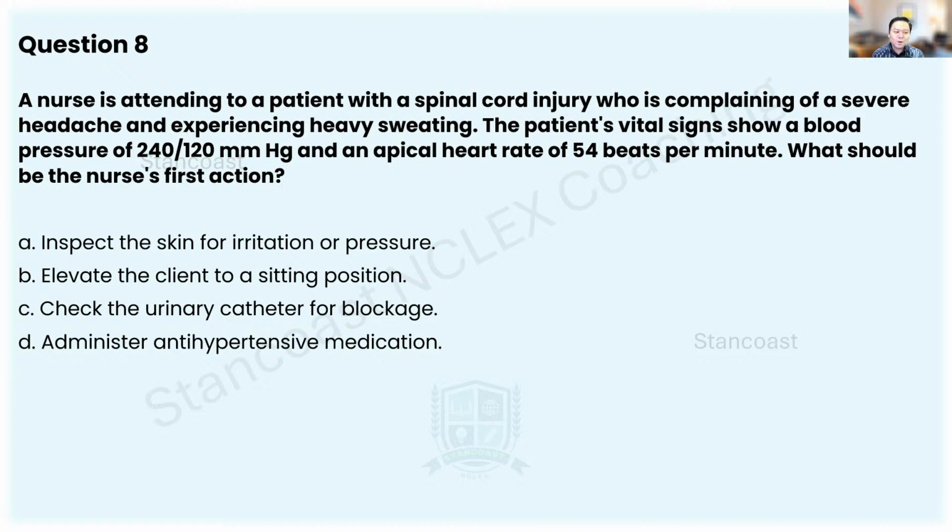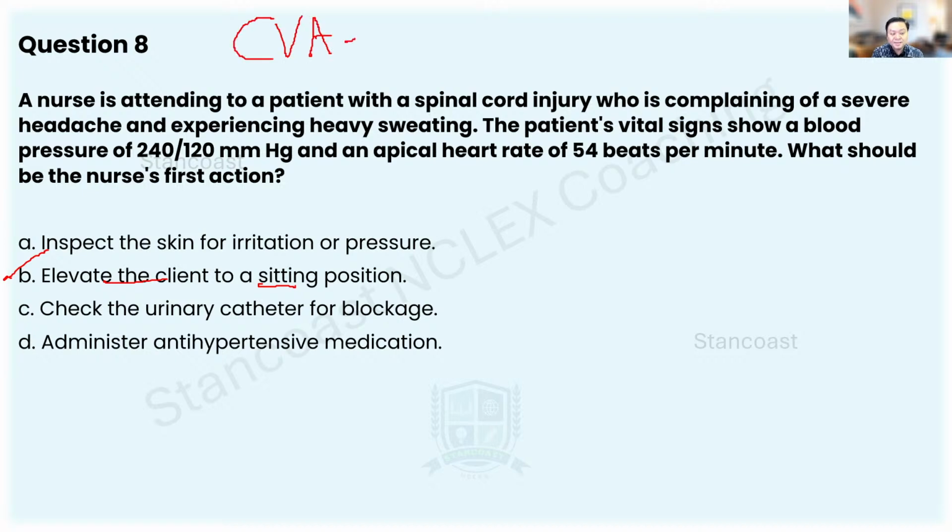Yeah, our best answer here is to elevate the client to a sitting position. This is our primary nursing action when you have a patient that has autonomic dysreflexia. Okay? Our patient is at risk for developing CVA this time.